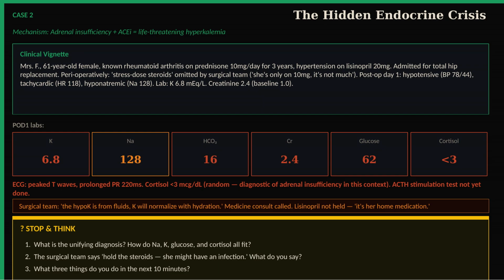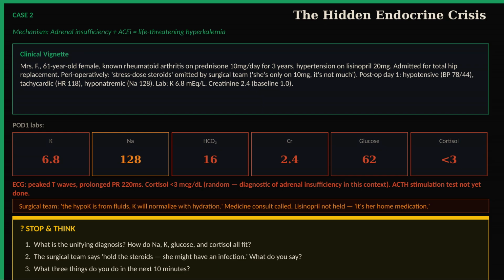Post-op day 1, she's hypotensive at 78/44, tachycardic, with a sodium of 128. Her potassium comes back 6.8, creatinine 2.4, up from a baseline of 1, glucose 62, and a random cortisol of under 3. Her ECG shows peaked T waves and a prolonged PR.